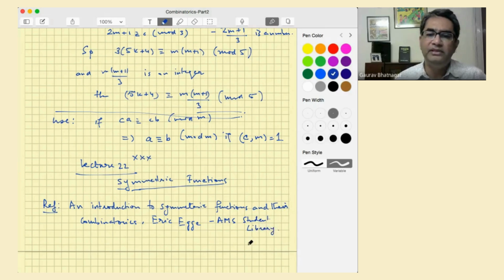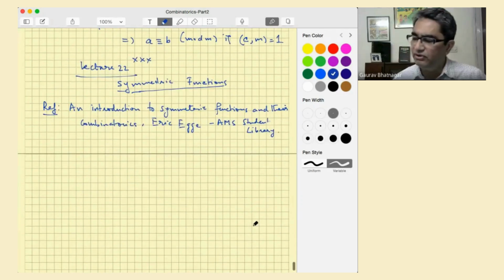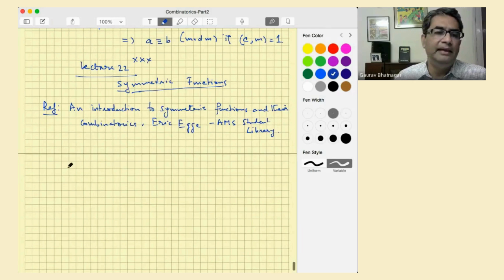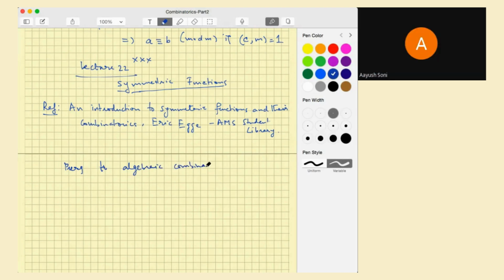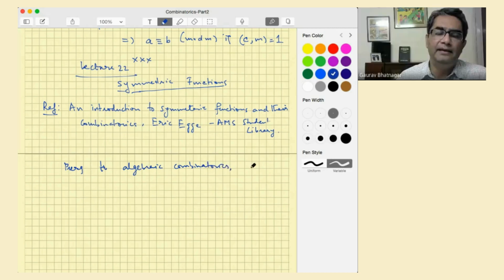If you haven't noticed, this AMS Student Library has phenomenal books, and I would say this is a prerequisite to a lot of material in algebraic combinatorics and representation theory.